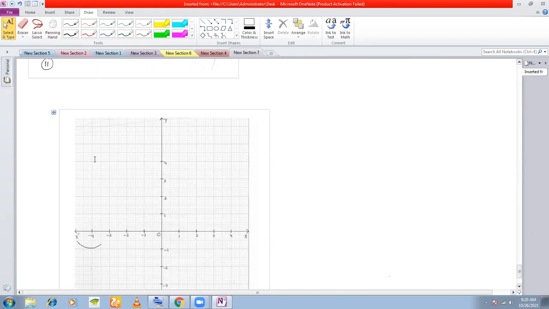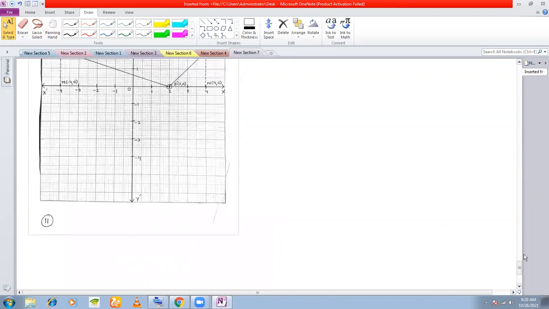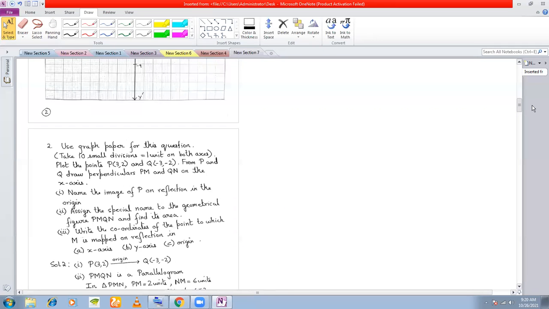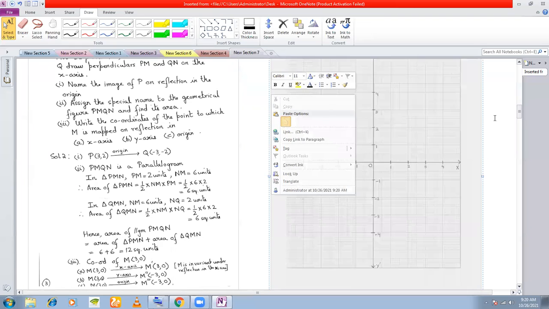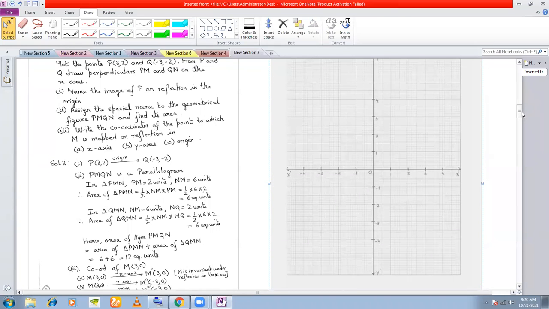You make your scale accordingly here in the graph sheet. This is the kind of scale that you are going to make, because here 10 divisions is equal to 1 unit.